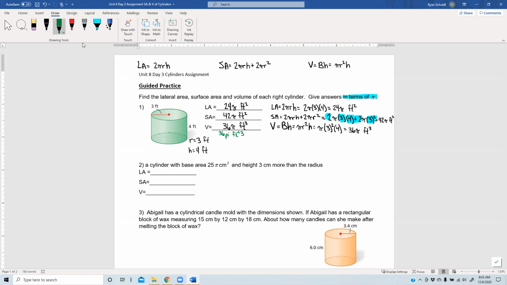That's how you could enter this into Google: 36 pi feet to the third power. Same goes for any of the others: 42 pi feet to the second power. Make sure you put pi in your units.